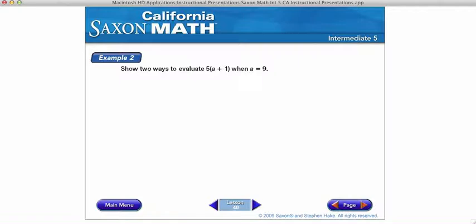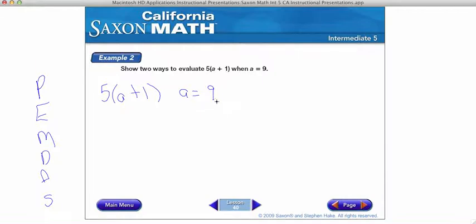Okay, show two ways to evaluate 5 times a plus 1 when a equals 9. So I'm going to use PEMDAS. And I'm going to rewrite the original problem. 5 times a plus 1, a equals 9.